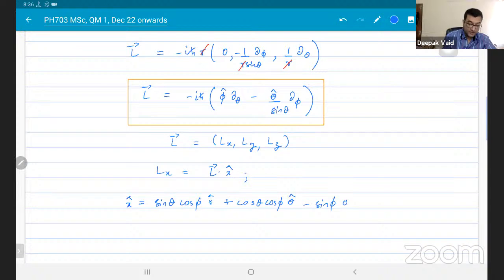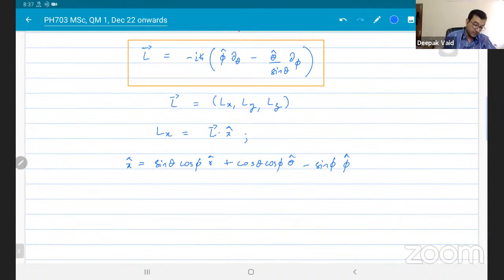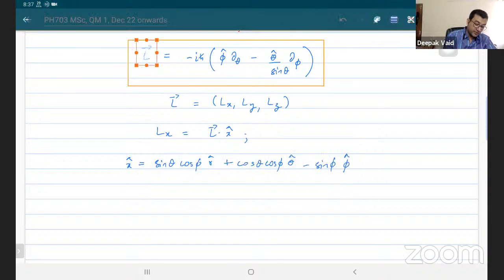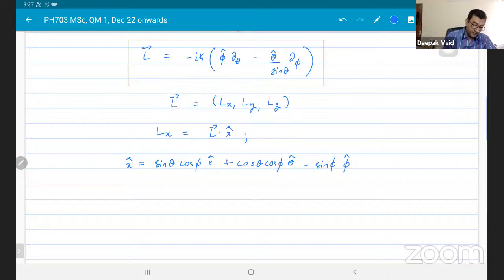By the way, I am also looking at all of these expressions exactly as I'm writing them down; it's not as if I remember these by heart. So you can take this x hat and dot it with L. What will happen? The r component and the phi component will go to 0.